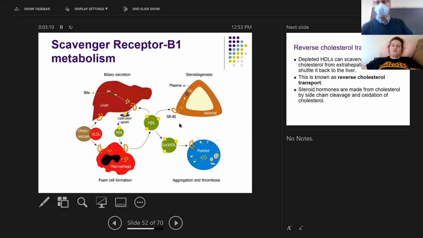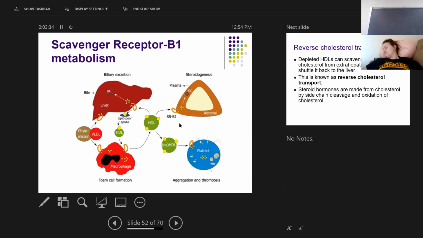And so these are just a few of the different types of organs that have this scavenger receptor. Of course, the liver has it, macrophages have it, platelets have it, all steroid making tissues have it. The adrenal gland is shown here, but also the gonads.